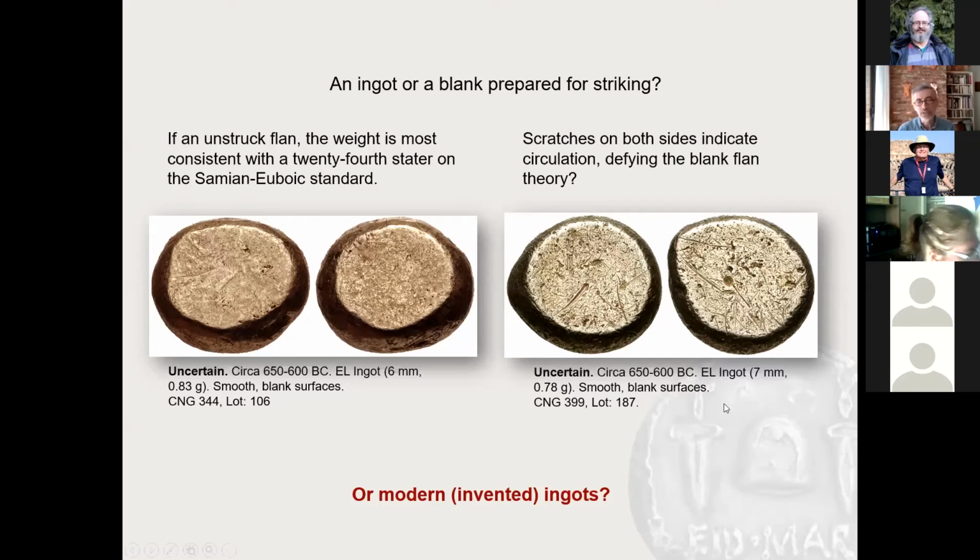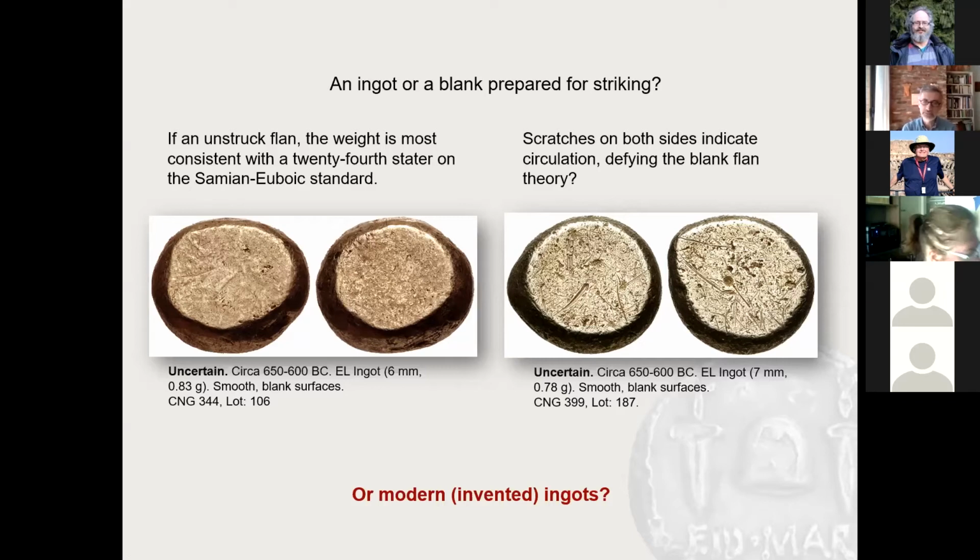The biggest problem here is that most of these examples are out of context. They were found by whoever, and they are not recorded. And interestingly, they're not extremely rare. They are rare, but there are plenty of them out there in the market and in catalogs, in museums.